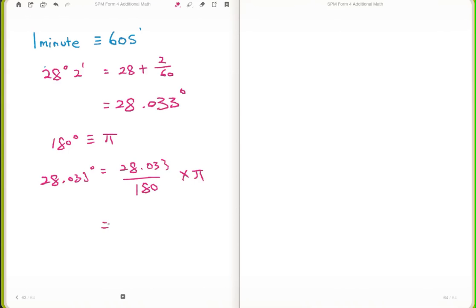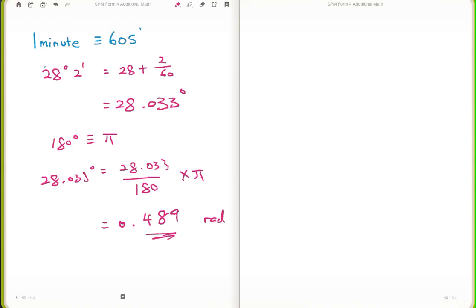That would give you the answer to be 0.489 radian. This is the conversion between angle.